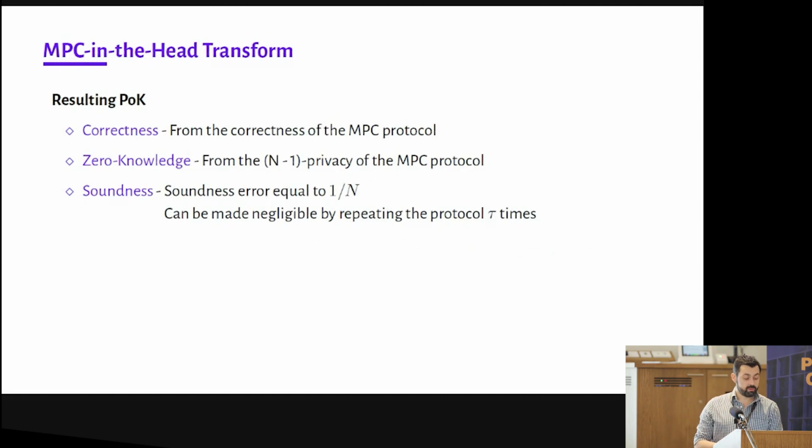A few important comments to mention. When you do this, what do you obtain in terms of proof? The resulting proof of knowledge has all the properties that we are interested in, namely correctness, which directly stems from the correctness of the MPC protocol. It also has zero knowledge, which comes directly from the n-1 privacy of the MPC protocol. And soundness error equal to 1 over n. If this quantity is too large, which is the case almost all the time, then you can make it negligible by repeating the protocol as many times as needed.